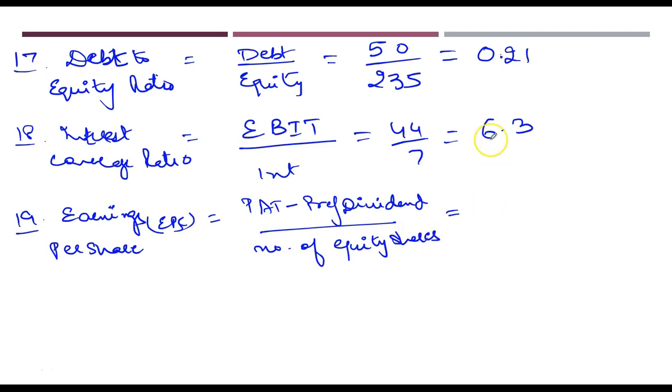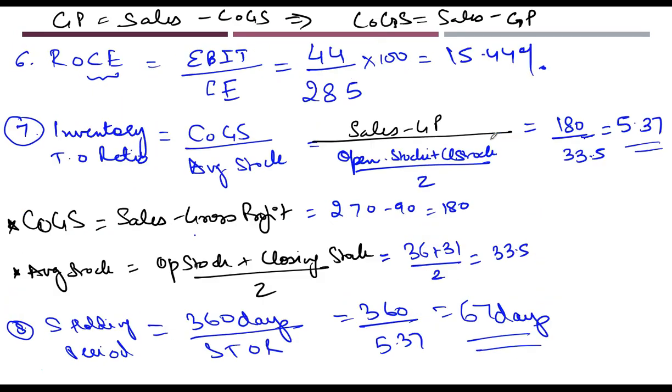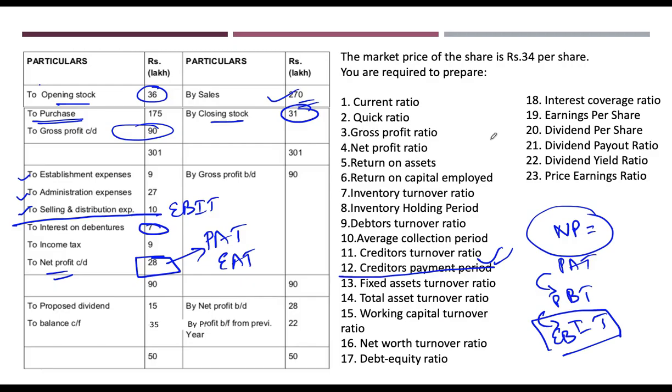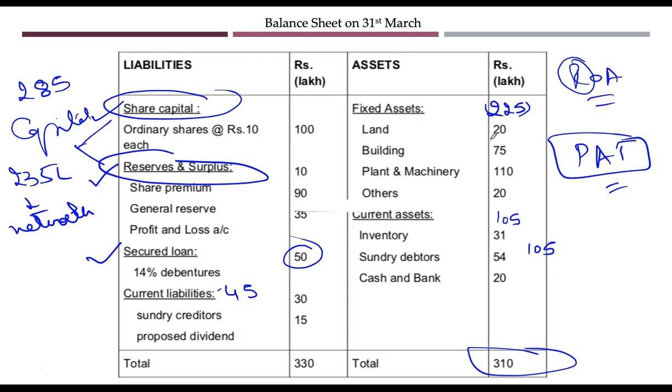So preference dividend, here in the capital structure, we know that there is only share capital and reserve and surplus. There is no preference dividend, okay, because there is no preference share capital. So preference dividend becomes 0.